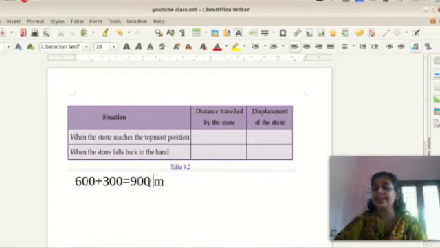The total distance travelled by the person to reach the office while going through the first path is equal to 900 meters.